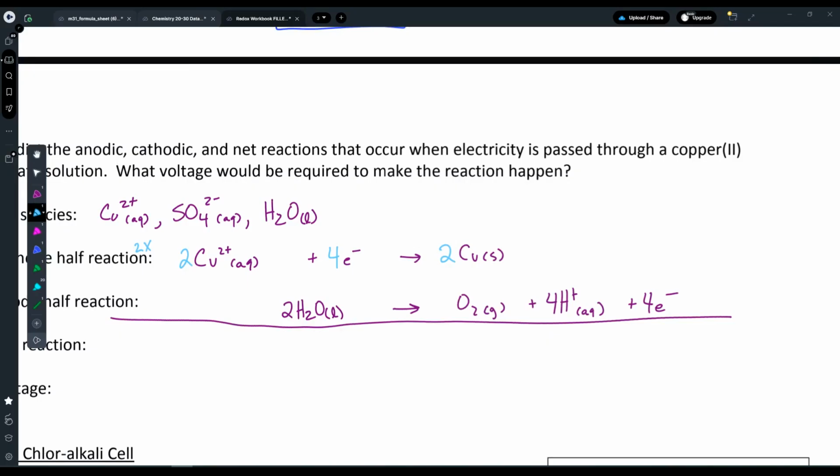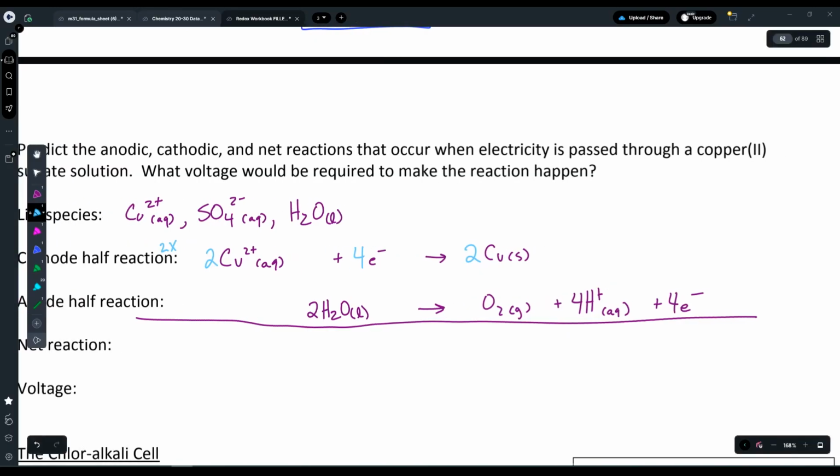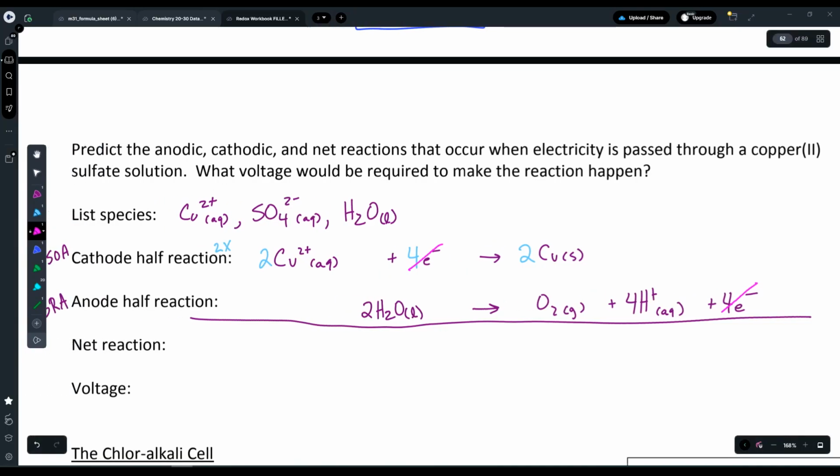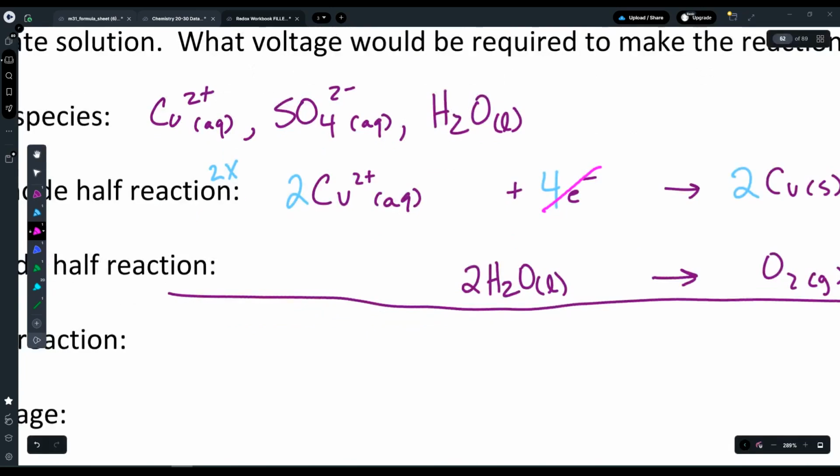That's a combination of the words reduction and oxidation. If you've got your electrons for both reactions on the same side, you're doing something wrong. So these cancel out, and it doesn't look like anything else cancels out, so I'll write the net reaction here.